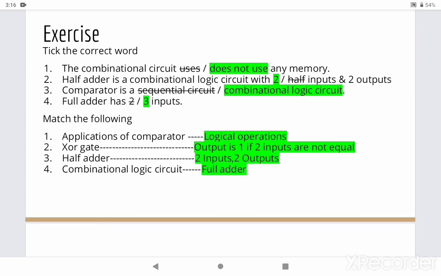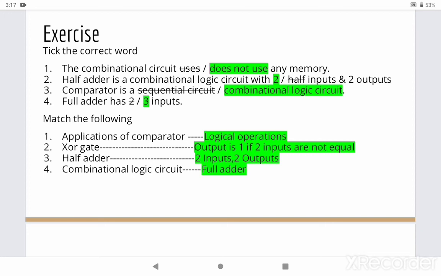Come on, what is the answer? Try it yourself, guys. Then comparator is a sequential circuit or combinational logic circuit. Then full adder has 2 or 3 inputs.